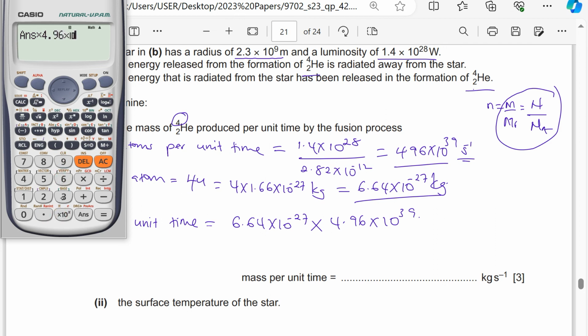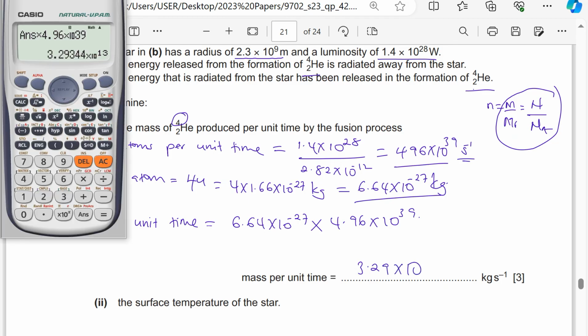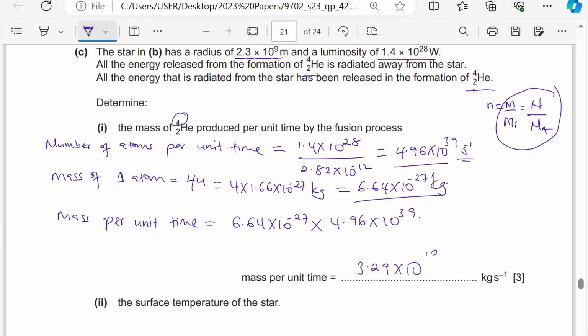So I'm getting 3.29 times 10 to the power of 13.